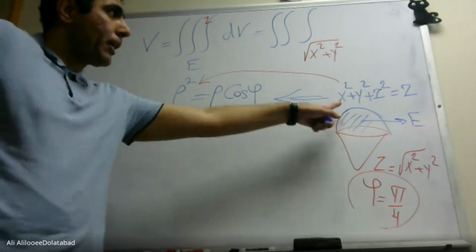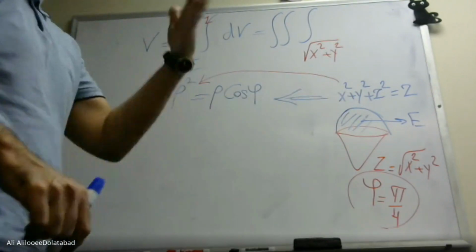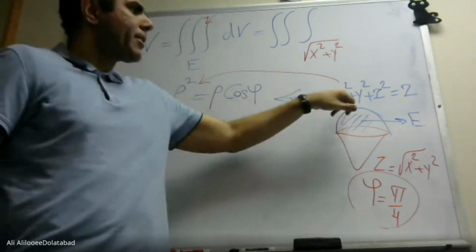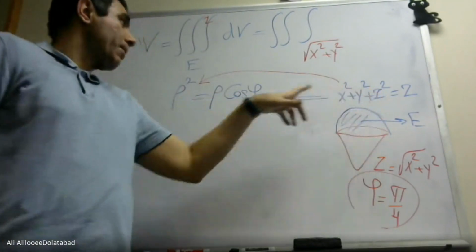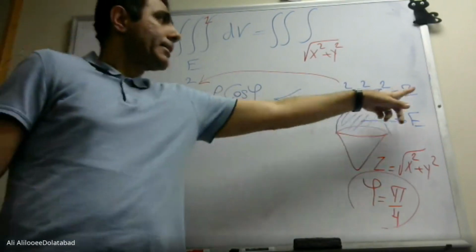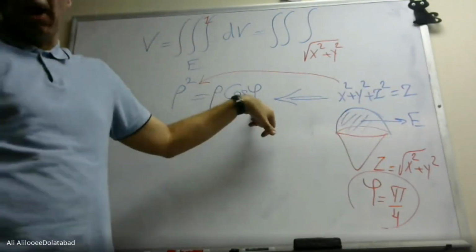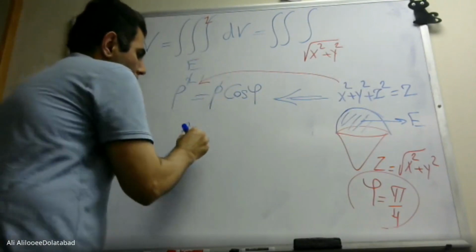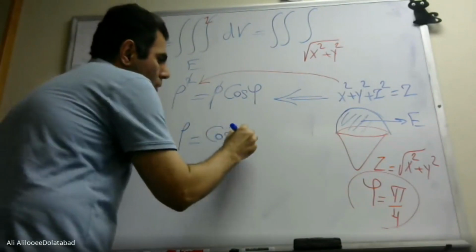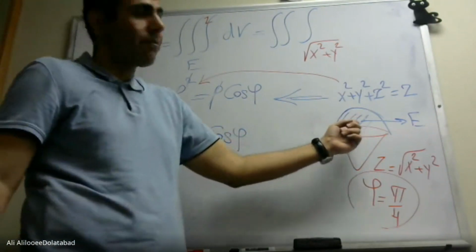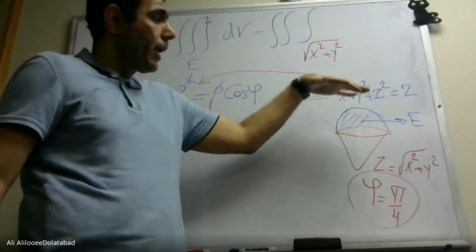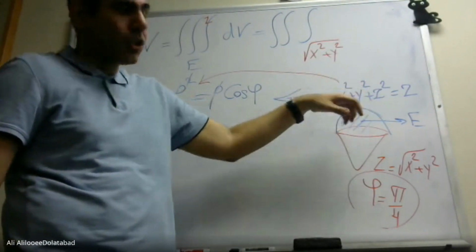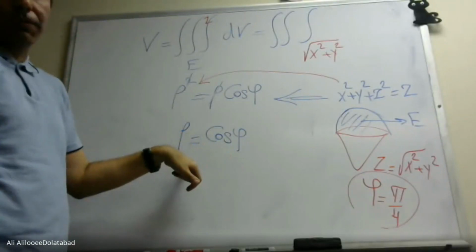These are the formulas that we had before on Monday, I think. You can simplify by rho because rho is not 0. Then you have rho equal to cos of phi. Then the equation of the blue sphere that we have on the top is rho equal cos phi.